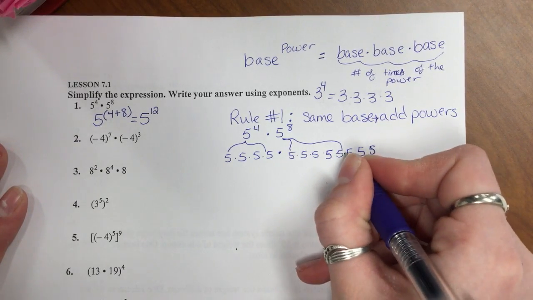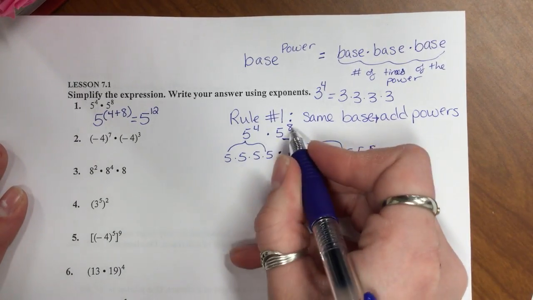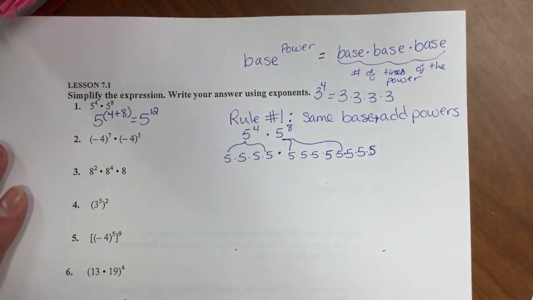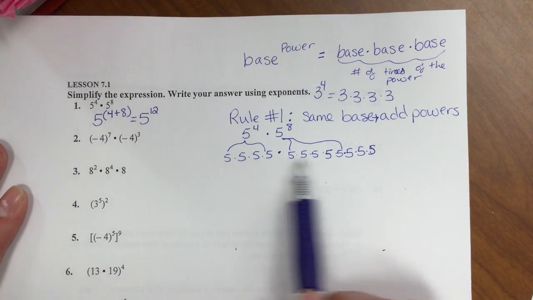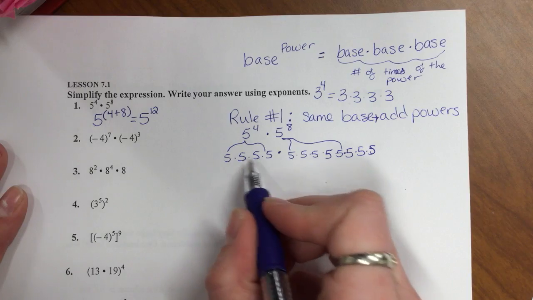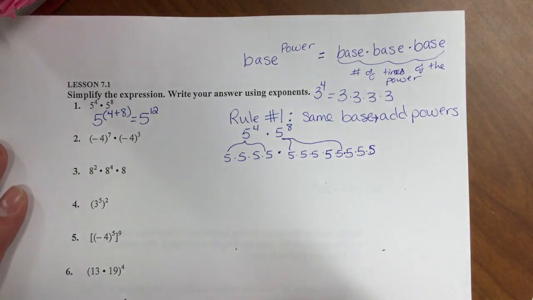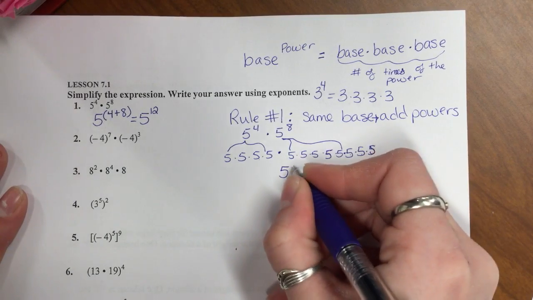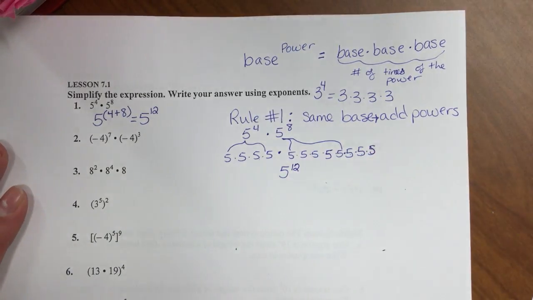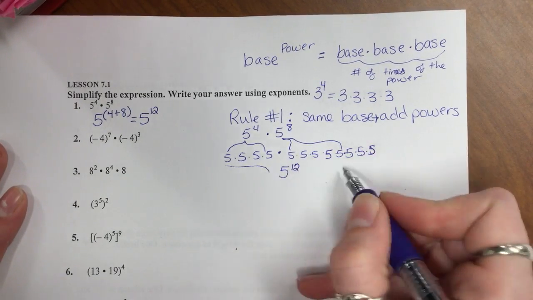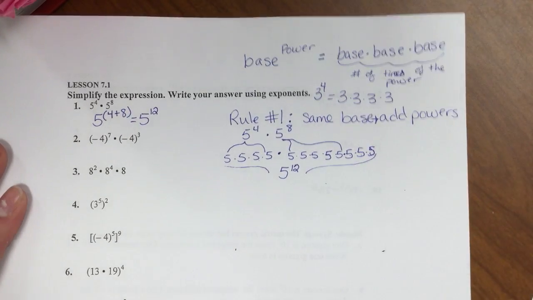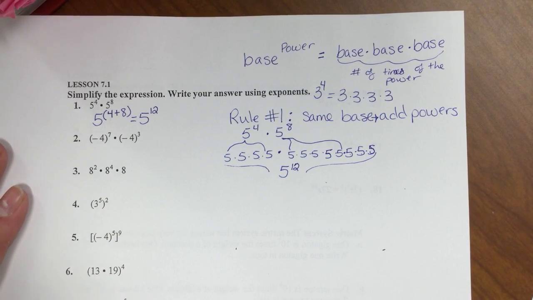Multiplying the 5 times itself 8 times and times itself 4 times is just 5 multiplied times itself 12 times. So we can rewrite that as 5 to the 12th. So this rule saves you that much time.